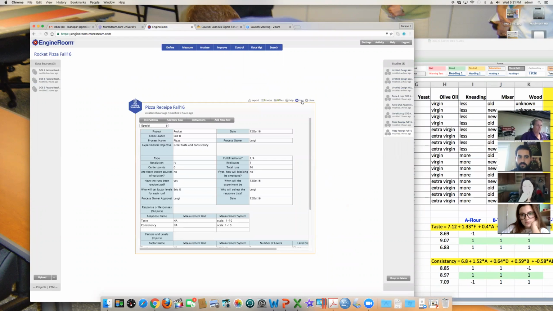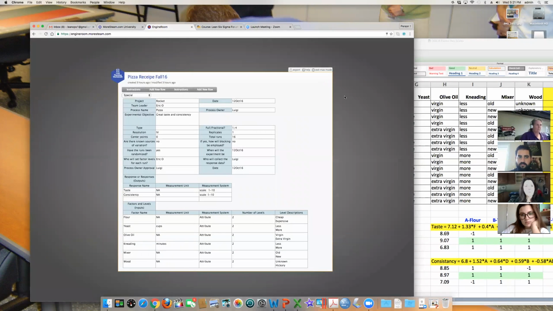So I went through and did the planning worksheet to work out what my experiment was going to look like, with some basic information in front. It's going to be a resolution 4, 1/4 factorial, 16 runs, and then what the response variables were, taste and consistency, and what the factors were, and the number of levels for each factor.